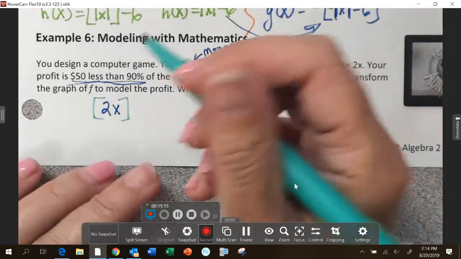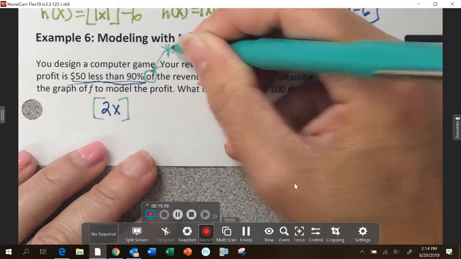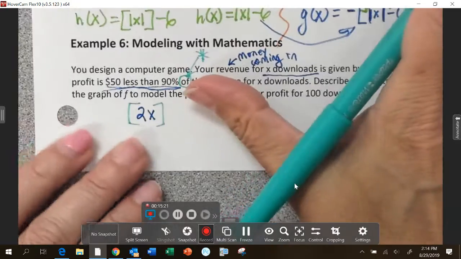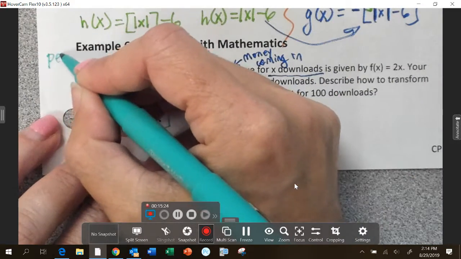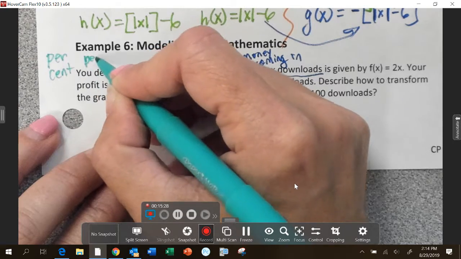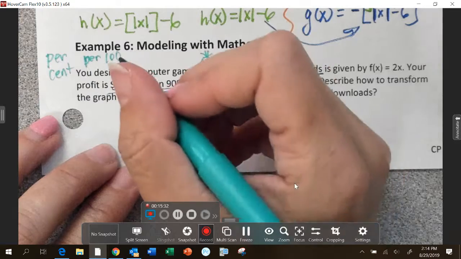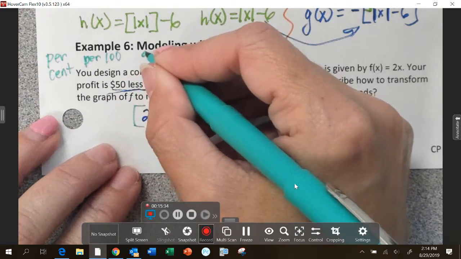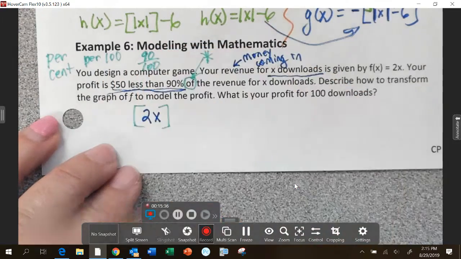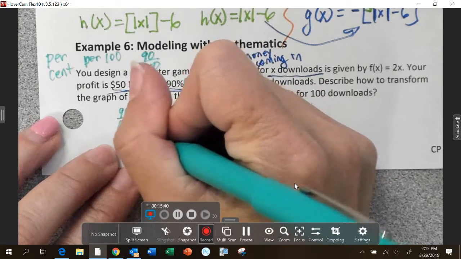To find 90%, how do you find it? This word of usually means multiply. And then the words percent mean per 100. So 90% means 90 out of 100. So right here, this is the number 90 out of 100.